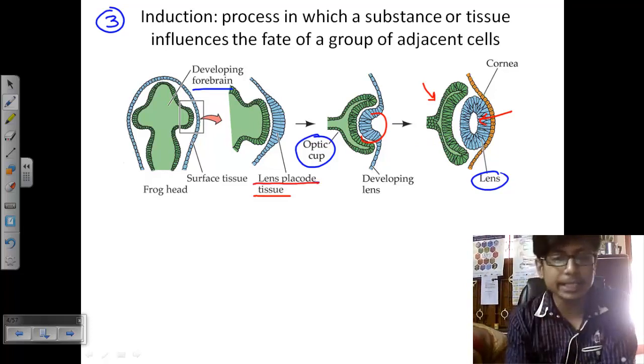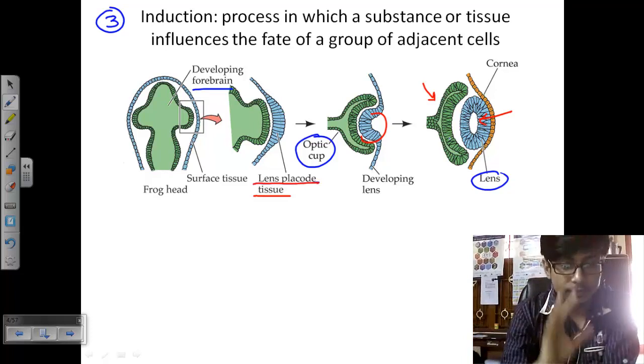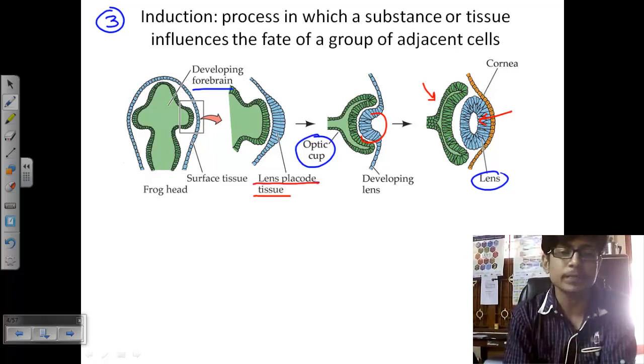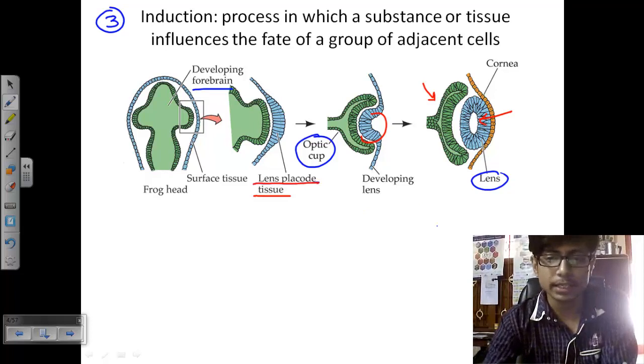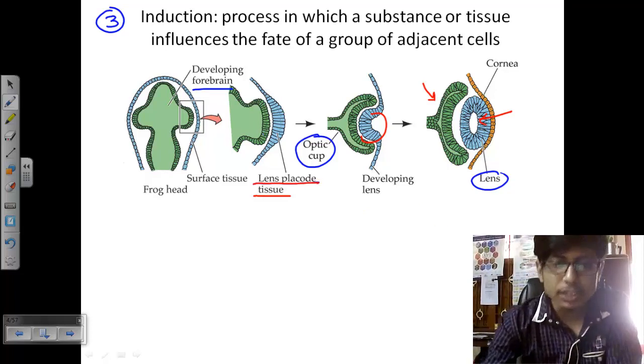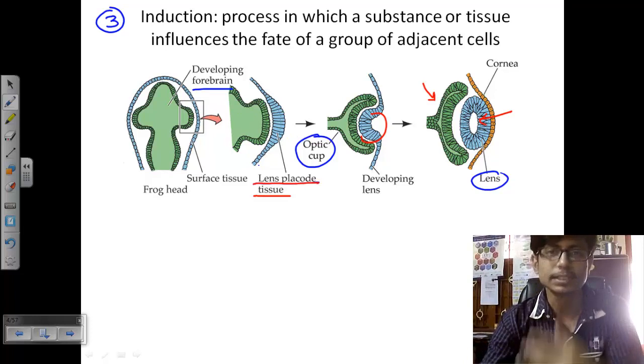But actually the idea here is that one particular differentiated tissue, in this case the forebrain region, influences the surface tissue to develop into a lens. This is called induction. Induction from the forebrain towards the surface tissue to form the lens.